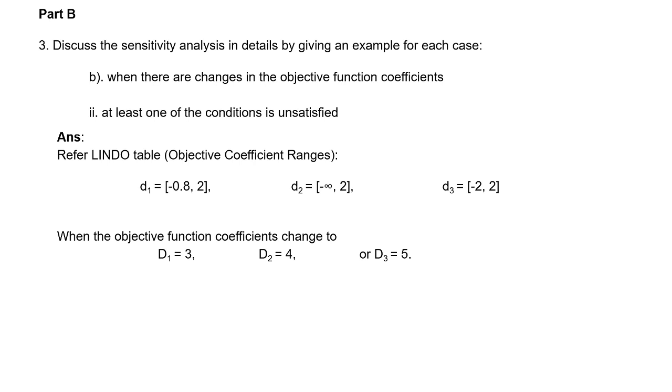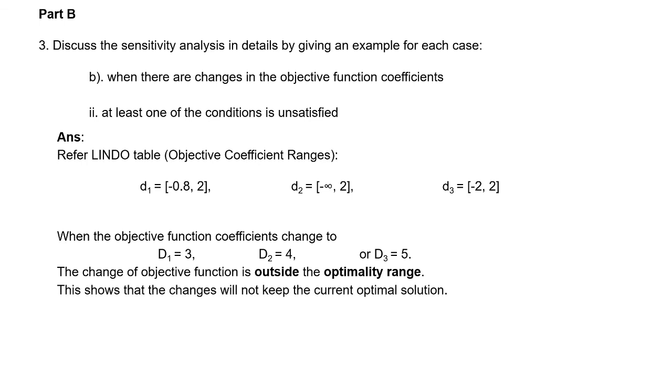For D1, we say that the production is 3. For D2, coefficient x2. For D3, coefficient x3 is 5. Then the change of the objective function is outside the optimality range. This shows that the changes will not keep the current solution.